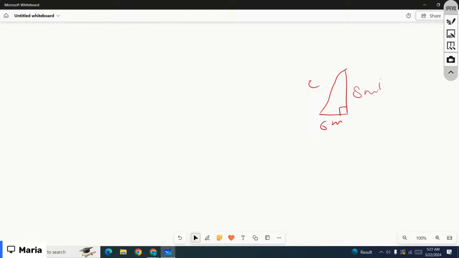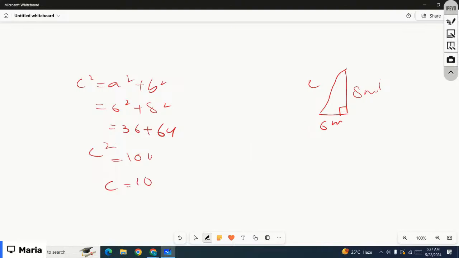So the first thing is you need to find the missing side length, right? 36 plus 64, that is 100. So C equals 10. Now you can find the perimeter just by adding all these sides, right? So that is 34 miles. The correct option is 34 miles.